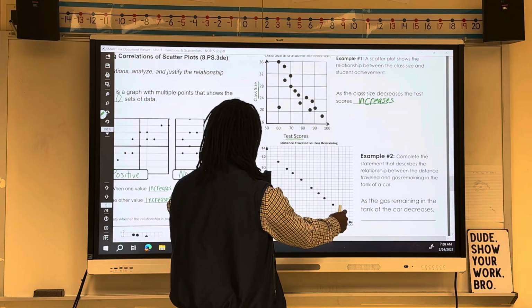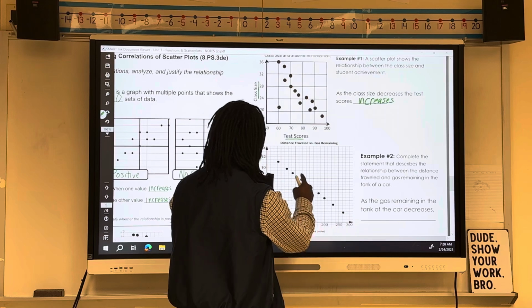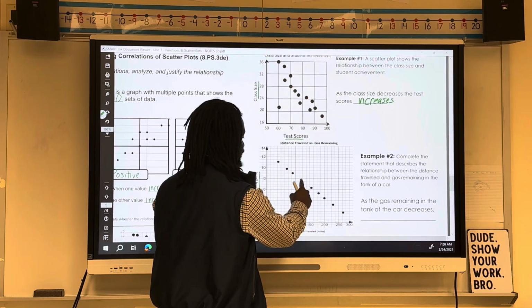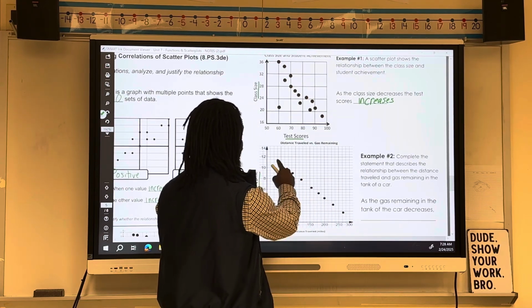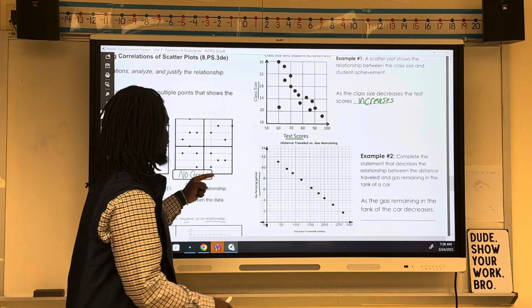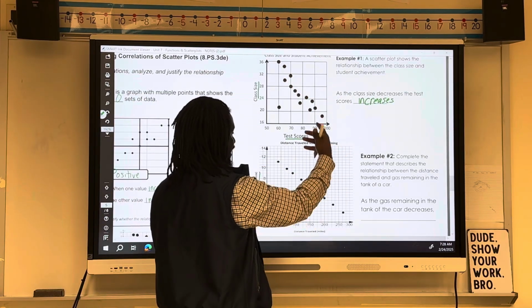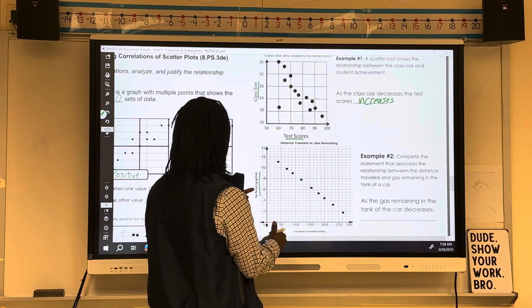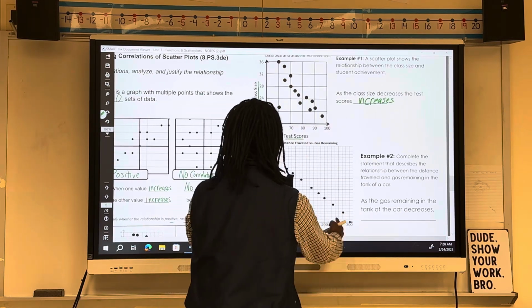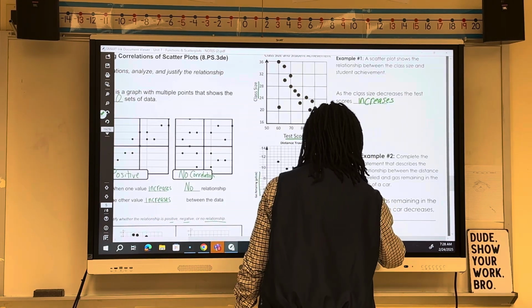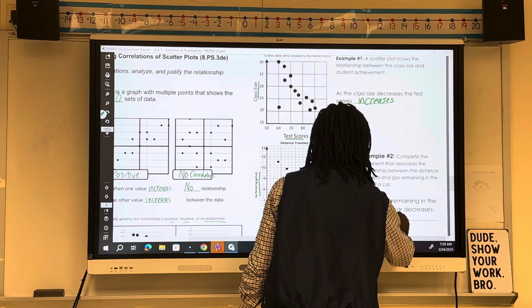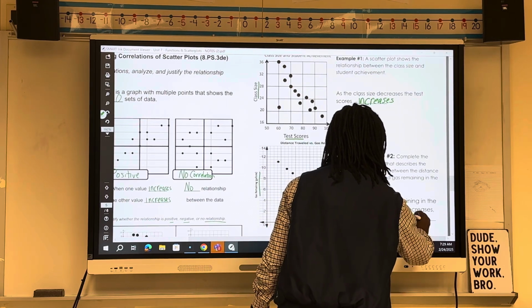What's happening to the miles traveled? Again, this has the same type of relationship: as one is decreasing, the other is increasing. It's a negative relationship. The opposite is happening. So the miles traveled increases.